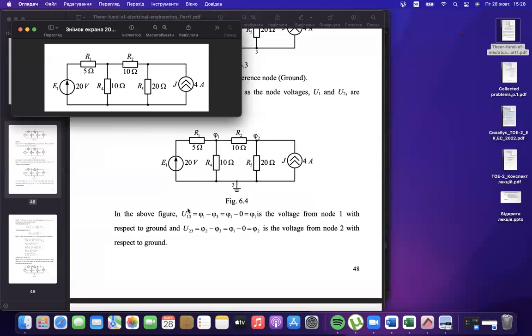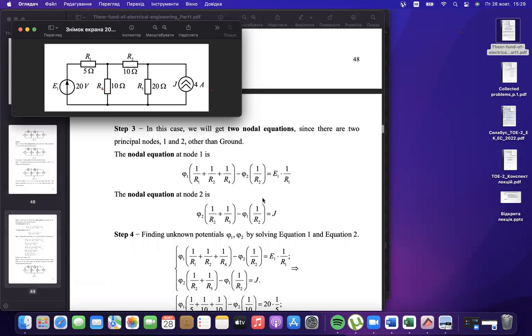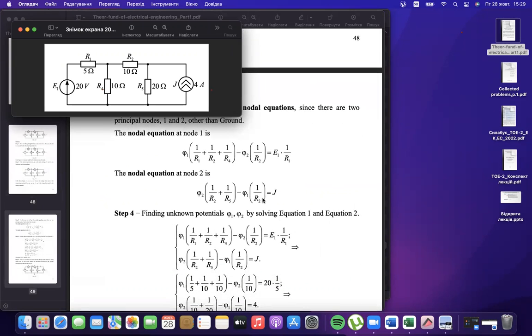Okay, what the algorithm is. First of all, we write potentials phi1 and phi2. We will search for them. And phi3 equals 0. It is just initial data in addition to all other initial data. We are searching for phi1 and phi2. Then we write equations for both of these potentials.